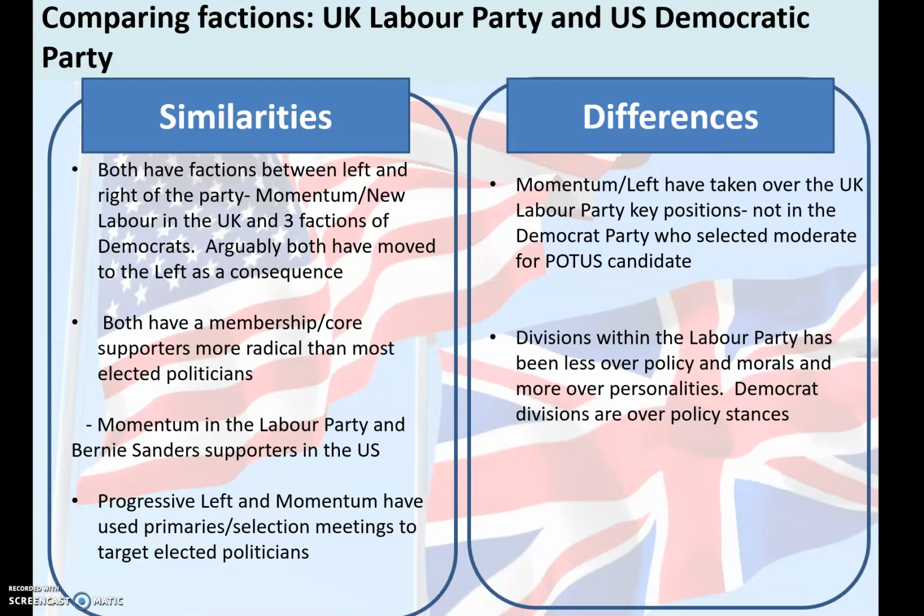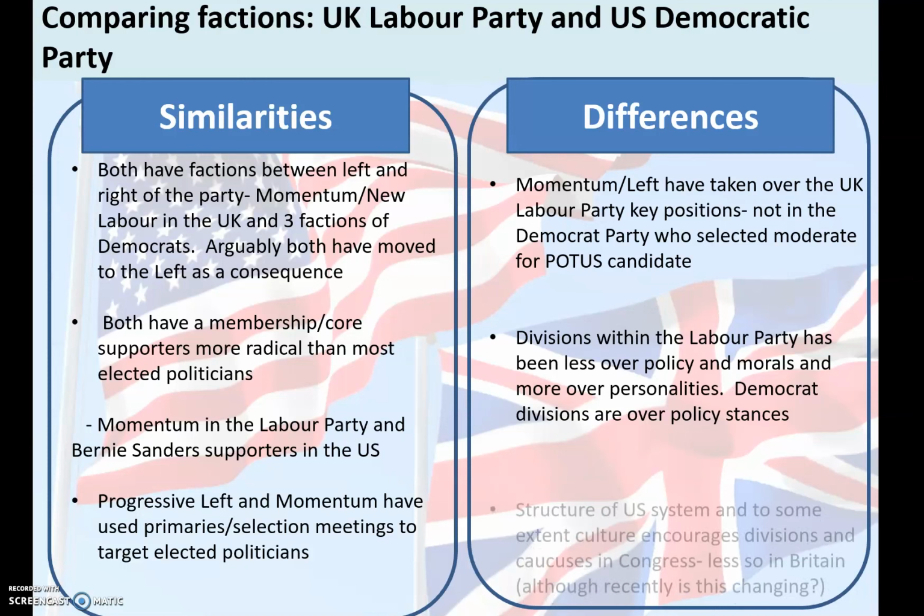And even Keir Starmer, I noticed just last week on I think it was Andrew Marr's programme, Ed Miliband was saying, well, we're still having this policy of renationalising some of the energy companies. So again, it does suggest that in Labour, the differences might have been less over policy and more over, we don't like Jeremy Corbyn and his style and the way he is. Whereas in the Democrats, you could argue that the divisions are over policy instead.